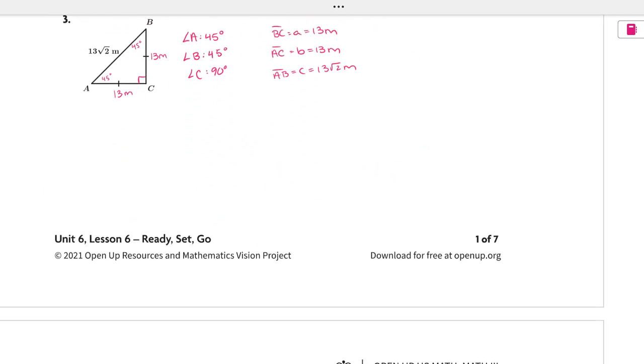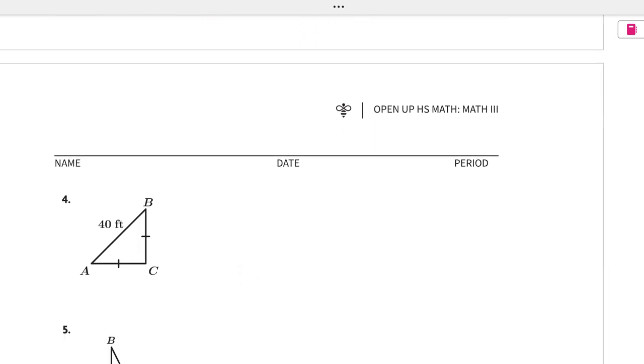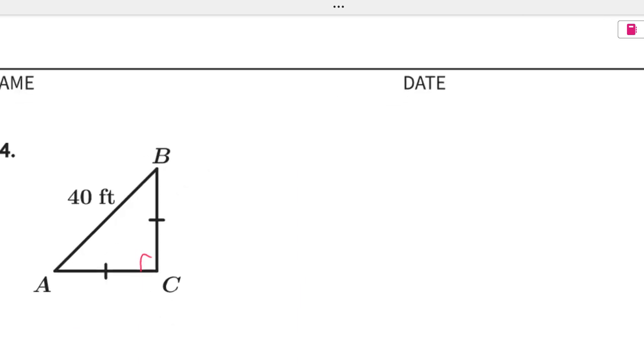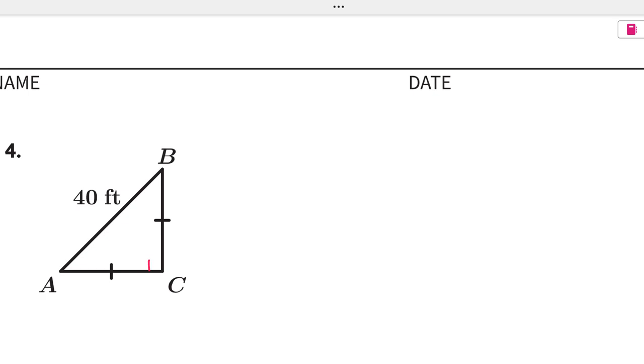Okay, question 4. Another right isosceles triangle. So we're dealing a lot with 45-degree angles here. Let's label our angle A and angle B both as 45 degrees, and our angle C as 90 degrees.